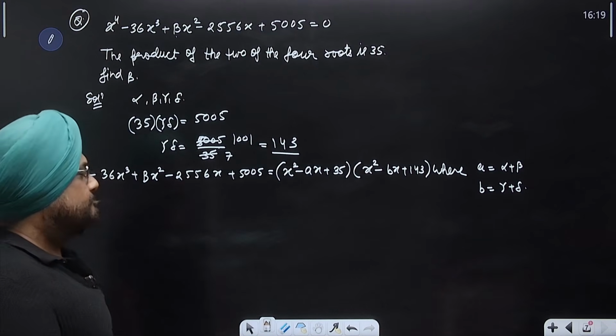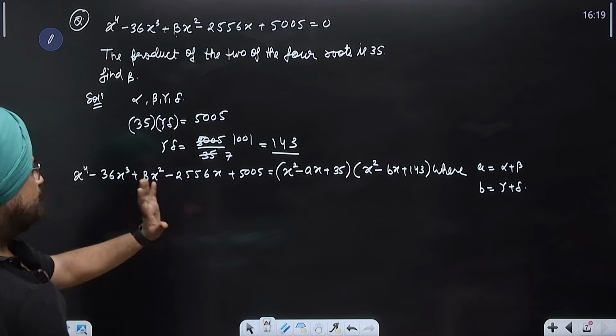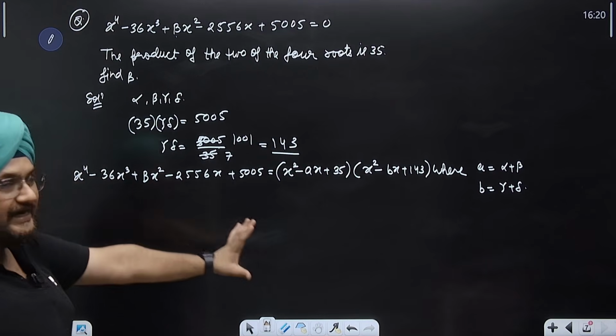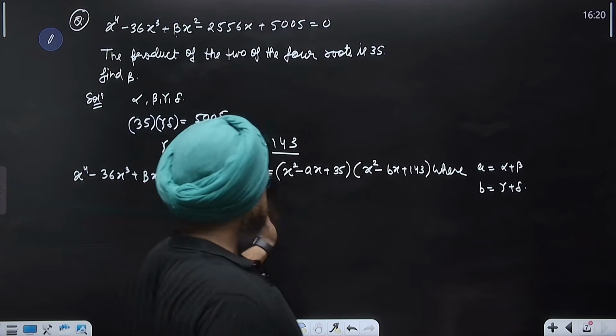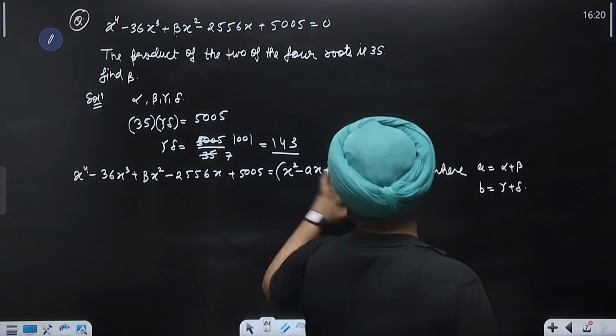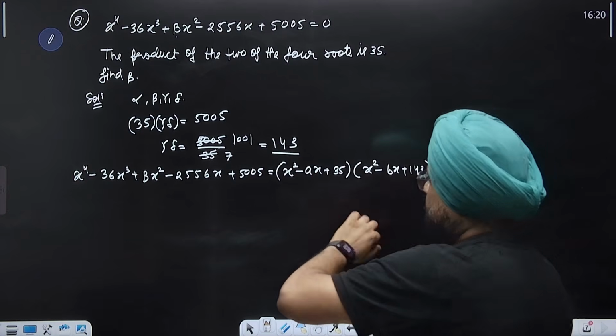Now from this identity we can compare the coefficients and find the relation between a, b and capital B.